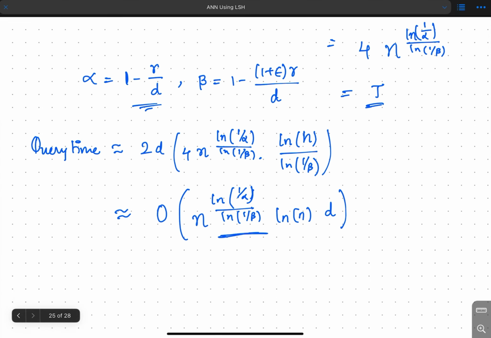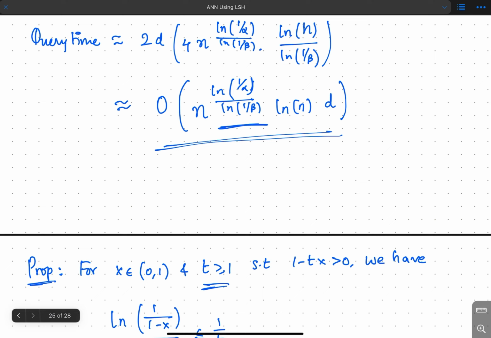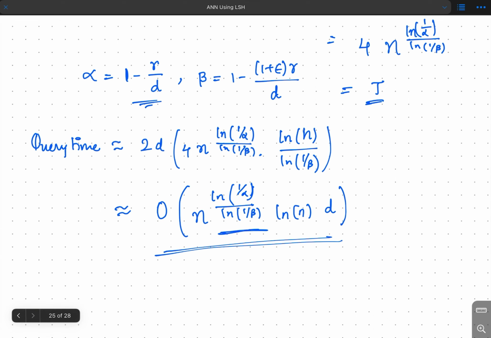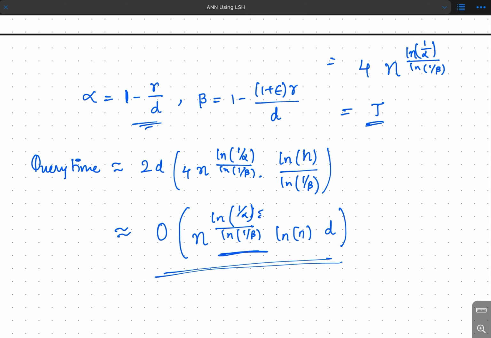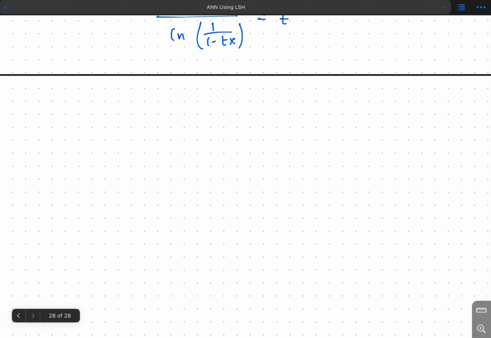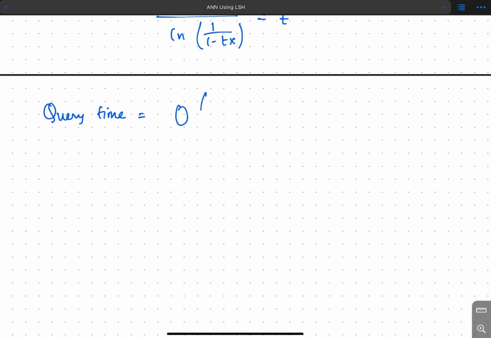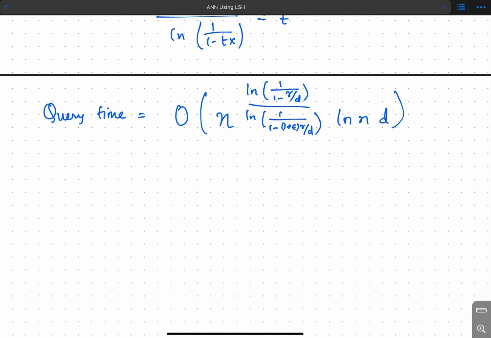Now we will use this to bound our query time, or get a neater expression for our query time. So we'll substitute alpha to be 1 minus (r by d) and beta to be 1 minus this quantity. So then query time is equal to O of n power ln(1/(1 minus r by d)) by ln(1/(1 minus (1 plus epsilon) times r by d)) times ln n times d.